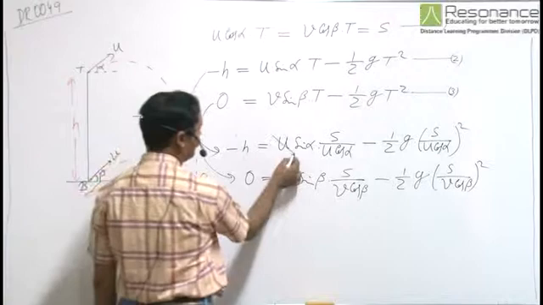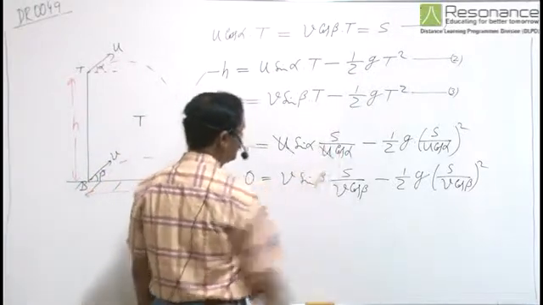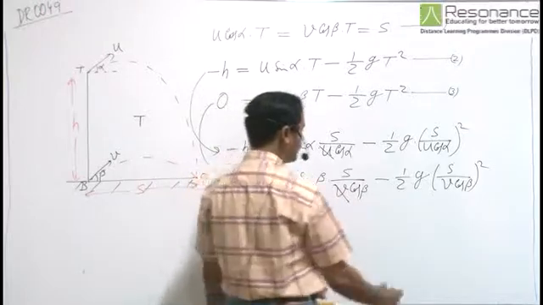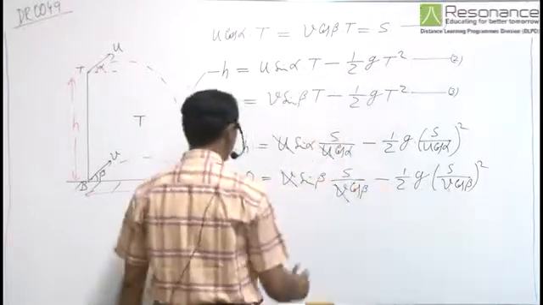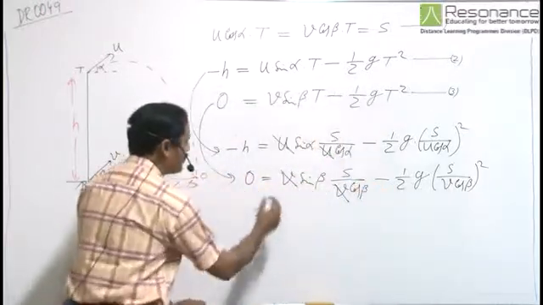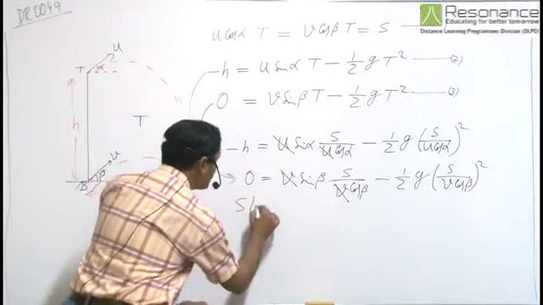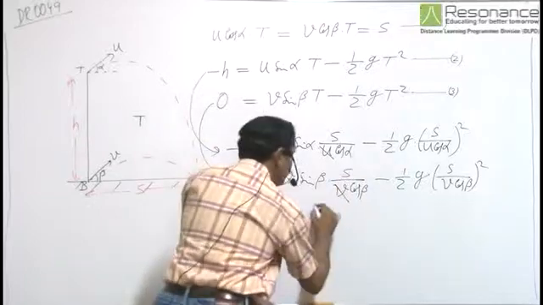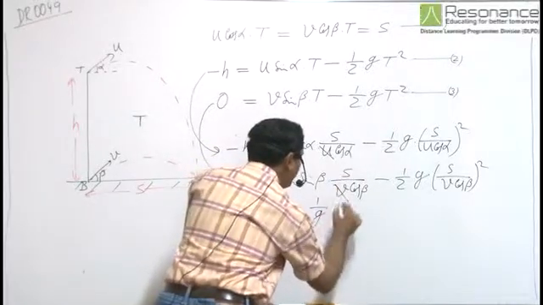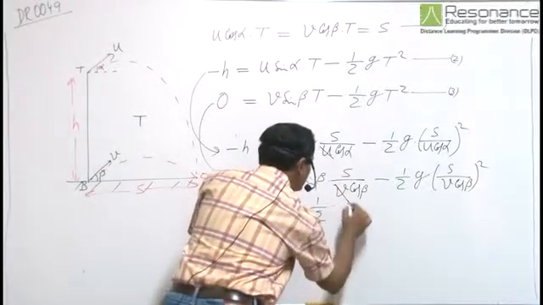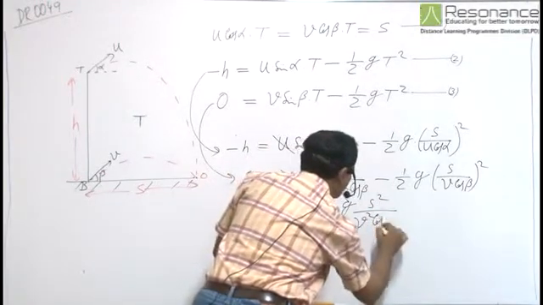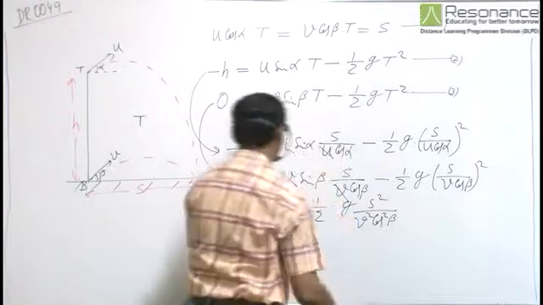So here u gets cancelled, and here v gets cancelled, so we are left with, from this equation, s tan beta is equal to half g s square by v square cos square beta.